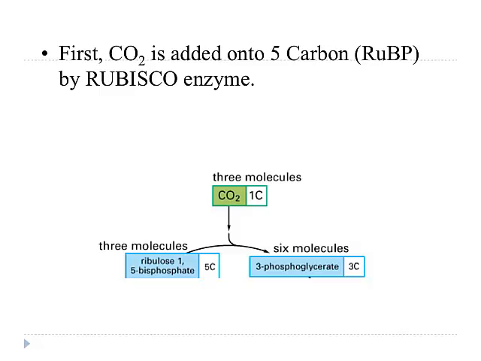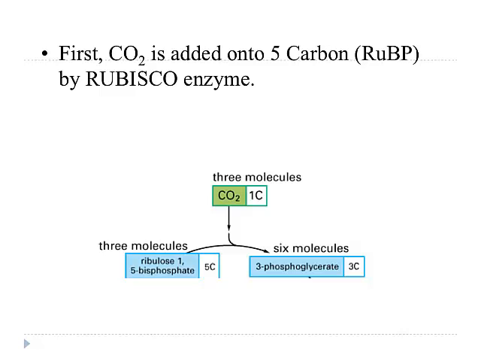So first step, this addition of ribulose 1,5-bisphosphate to CO2 to create a 6-carbon sugar, and then that's broken down into 3-carbon molecules.